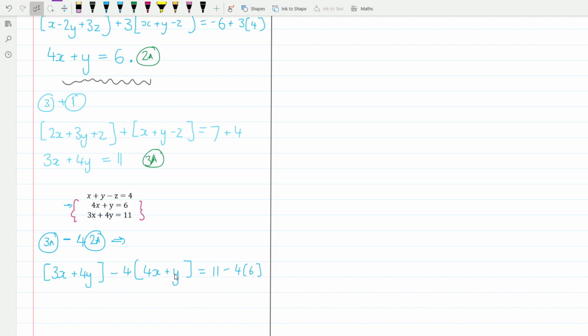So the x's, I'm going to have 3 take away 4 times 4 is 16. So I'm going to have 3 take away 16 is minus 13x. And for the y's, well, they should cancel out. 4y, take away 4y, yes. Okay, right hand side. 11 take away 24 is minus 13.